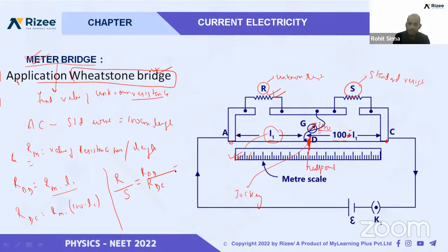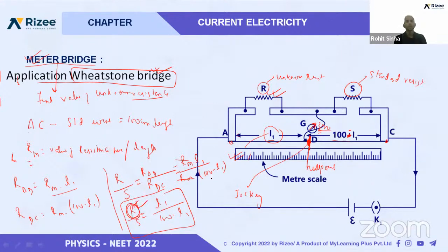RAD is RM into L1, and RDC is RM into 100 minus L1. RM cuts down, and R by S is L1 by 100 minus L1. Using this formula, we can find the value of R, the unknown resistance. This is the working principle of the meter bridge.